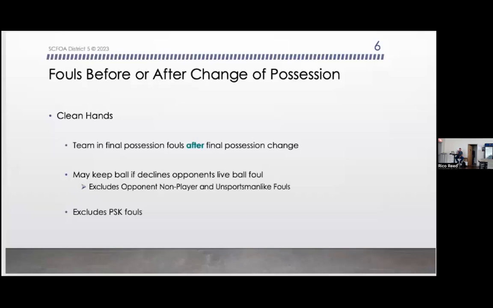How many times as a referee have we gone on a pass play and you get a report of a foul and you think it was incomplete when it turns out it was complete, or the opposite? Knowing that information is vital to penalty enforcement. So just seeing the foul is not enough. We have to make sure that we're aware of the situation around the foul.